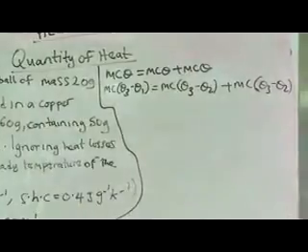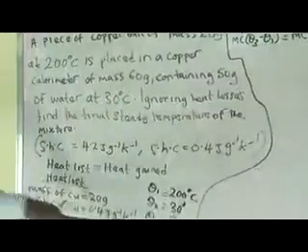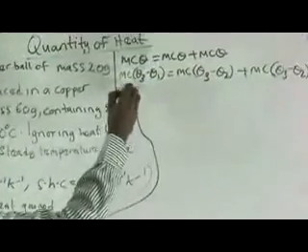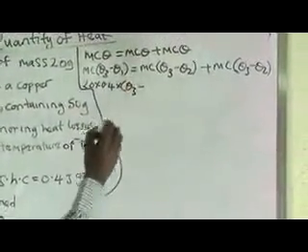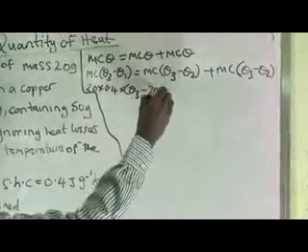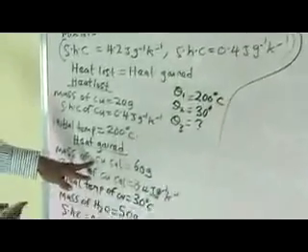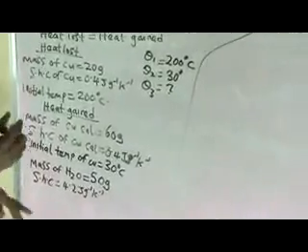So for the heat loss, we have the parameters here, so we'll fix them in there. We have 20 times the specific heat capacity, which is 0.4, times the temperature change, which is theta 3, which is what we are looking for, minus theta 1, which is 200, equal to the heat gain, which is in two parts: for the copper calorimeter and for the water.